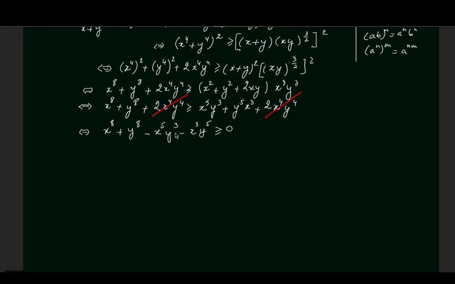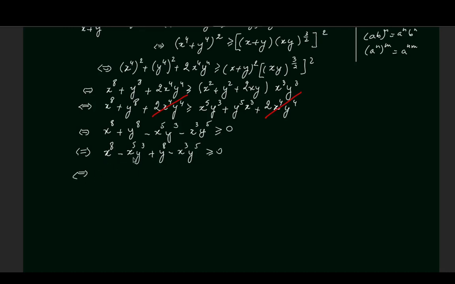So all we need to do now is to show that this number is really positive or equal to 0. So what we'll do is to rearrange this sum. So it's x to the 8th minus x to the 5th y cubed plus y to the 8th minus x cubed y to the 5th.